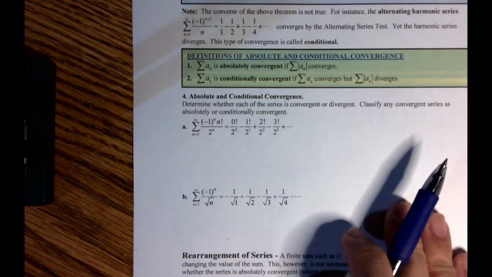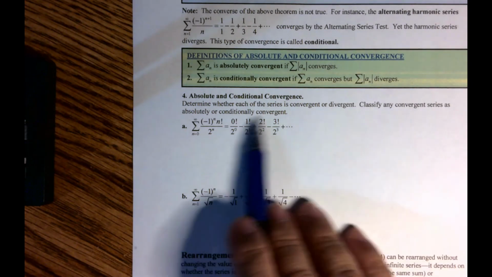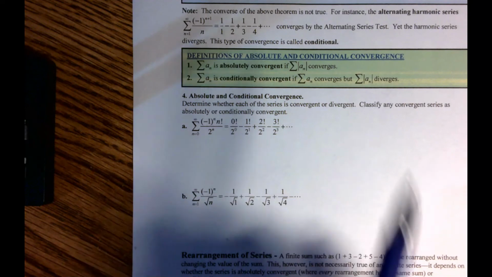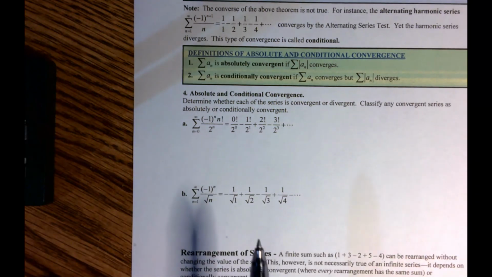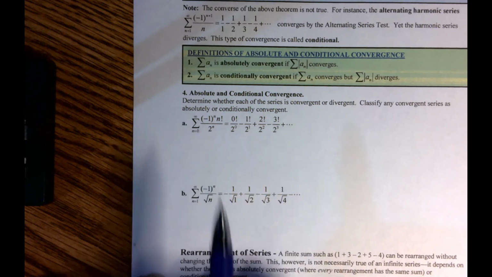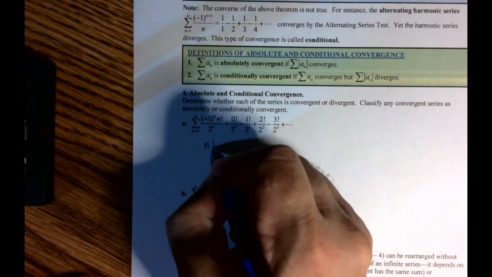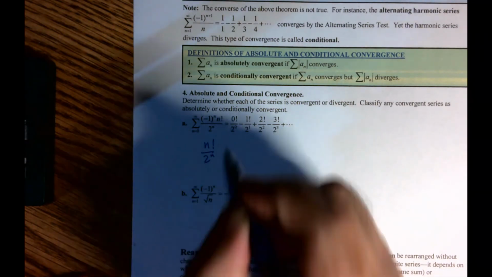All right. So let's look. Determine whether each of these series is convergent or divergent. Classify as absolutely or conditionally. Okay, so we got n factorial over 2 to the n. Ooh. I'm not convinced that converges at all. Well, let's just look at this for a minute. n factorial over 2 to the n.